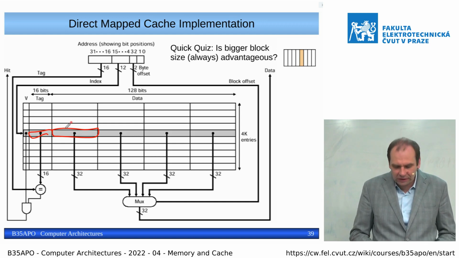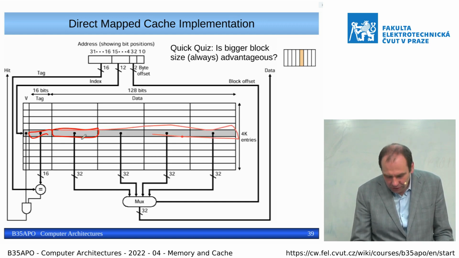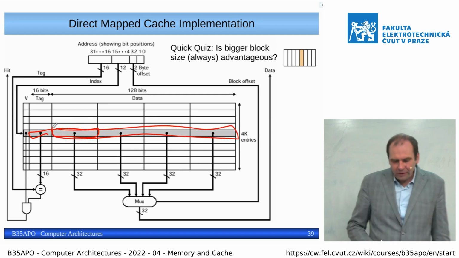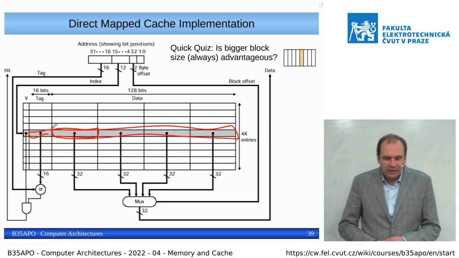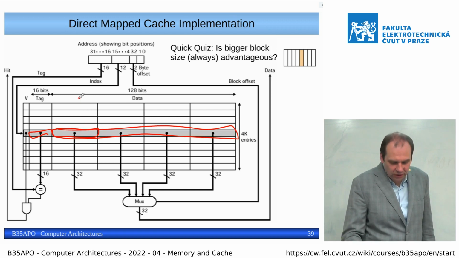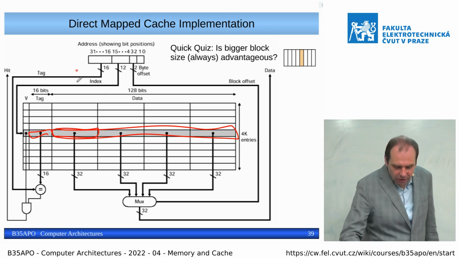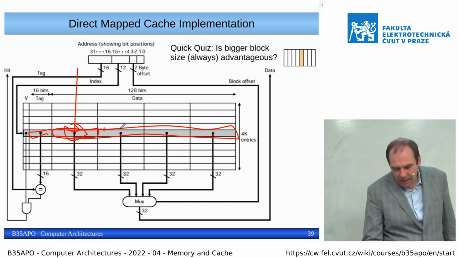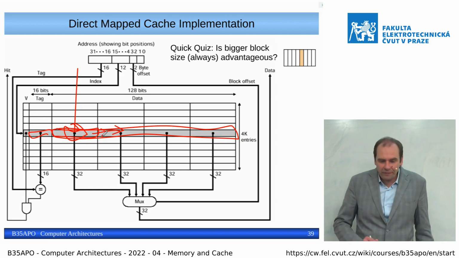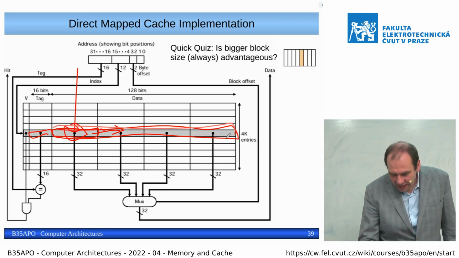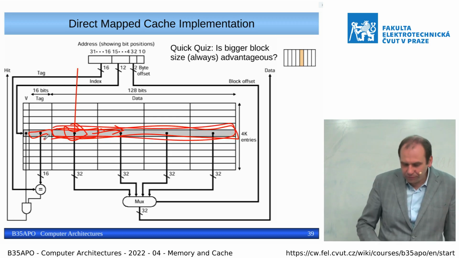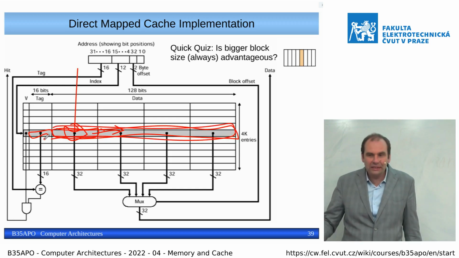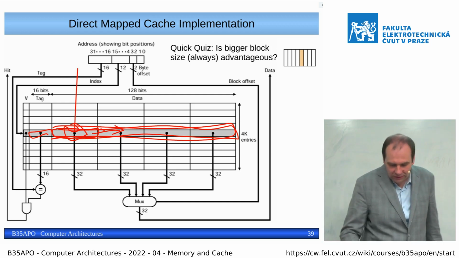So for this reason, we usually store into the cache a whole block of more words. It has another additional advantage: spatial locality says, okay, if we access this word, then there is a high probability that we access the neighboring word as well. So when we have a miss, we take the follow-up words together, and there is a high probability that those will be needed in the next cycles. So for this reason, it works this way.